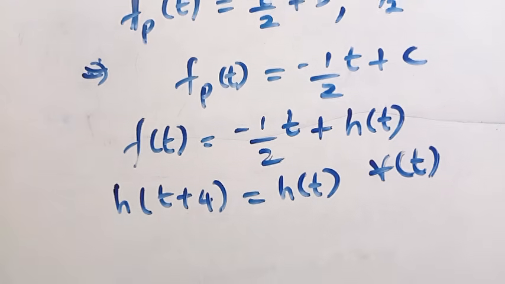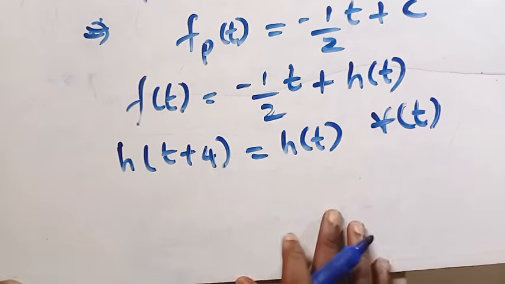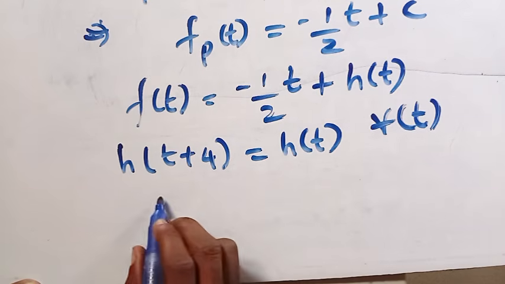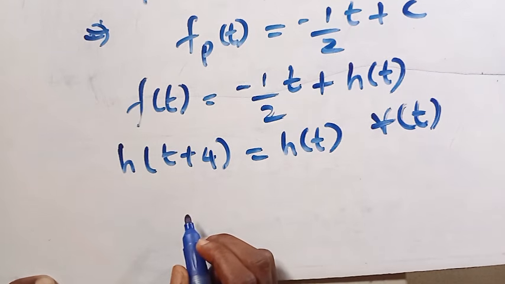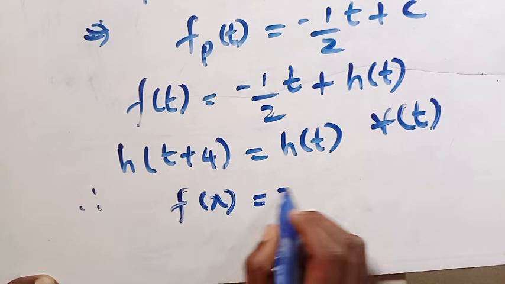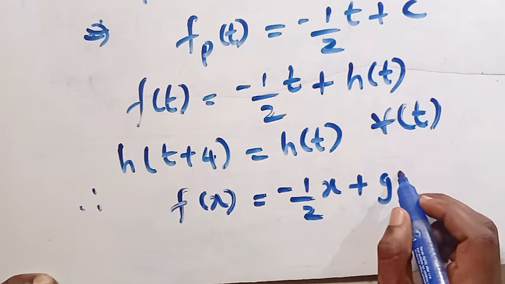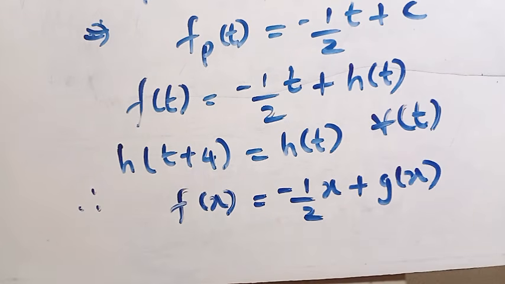Since this is what we have, we can make it more robust by changing this t to x, since we are looking for f of x. So therefore f of x equals minus 1 over 2 x plus, changing this h to g of x, plus g of x.